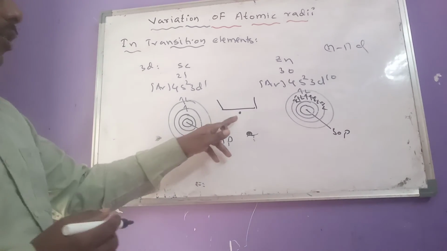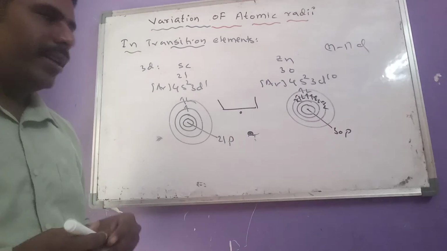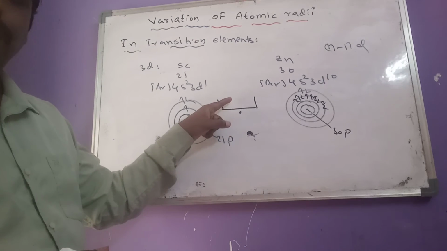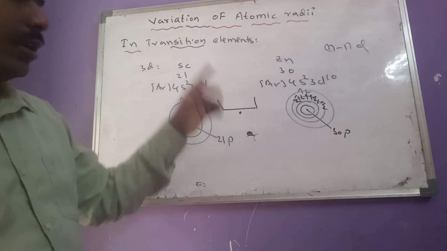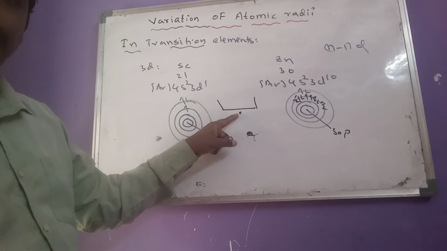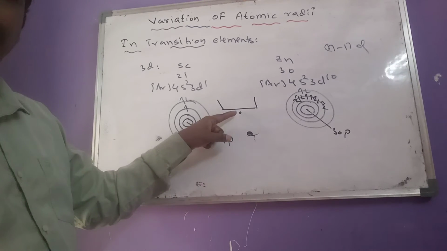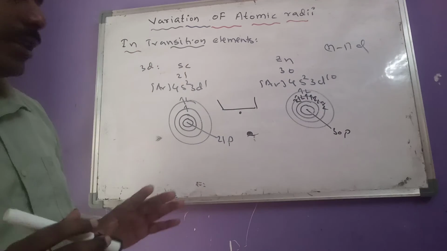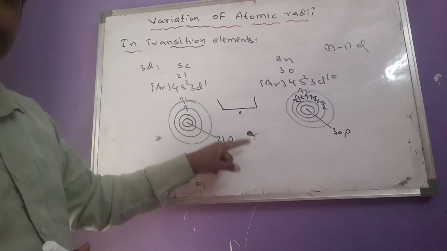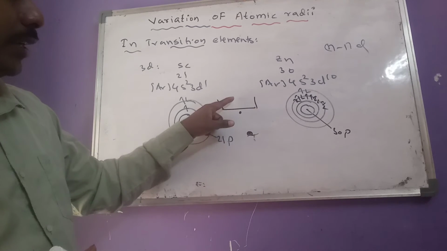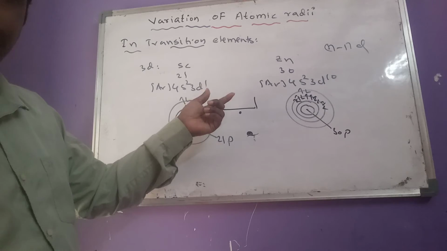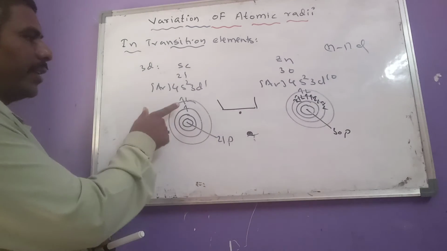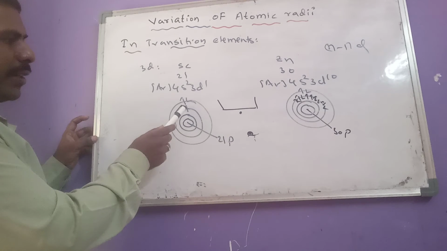As only one goalkeeper is there, the probability of the ball reaching the goal is more and more, because only one goalkeeper is trying to stop the ball entering the post. That means, like in the case of scandium, only one electron is there.